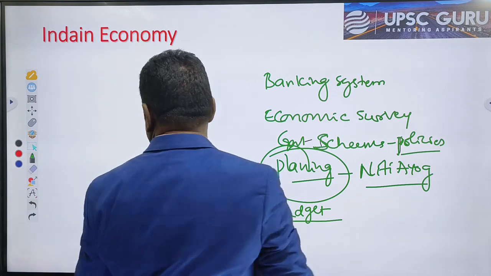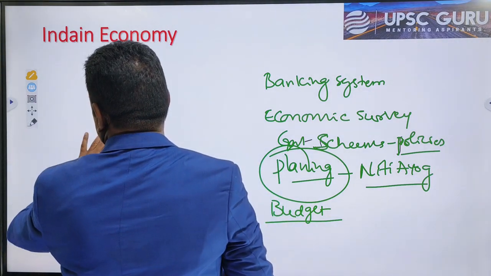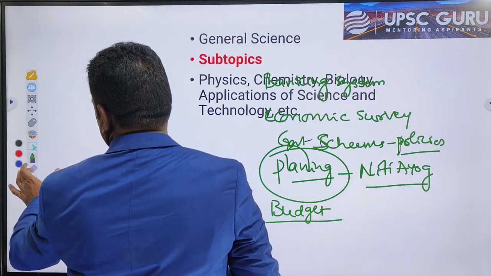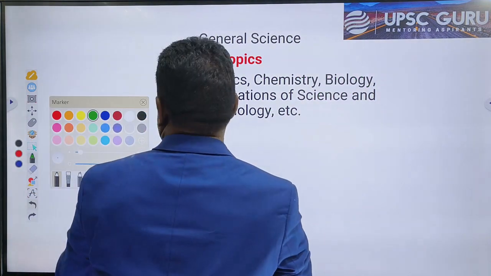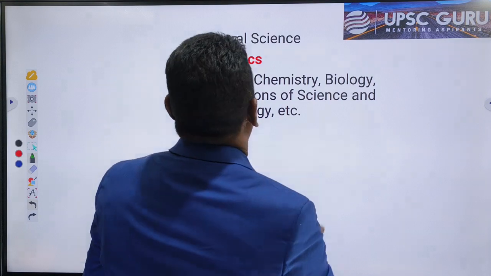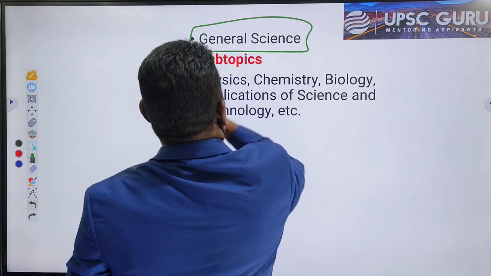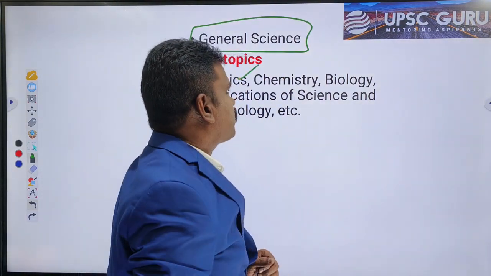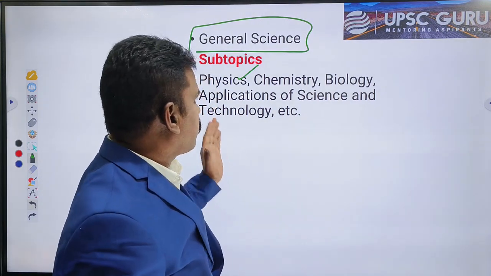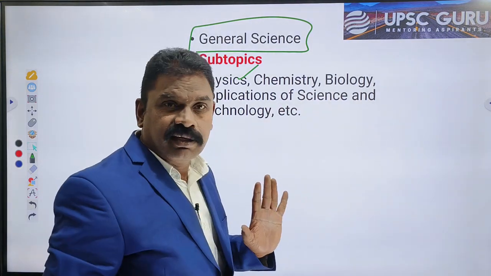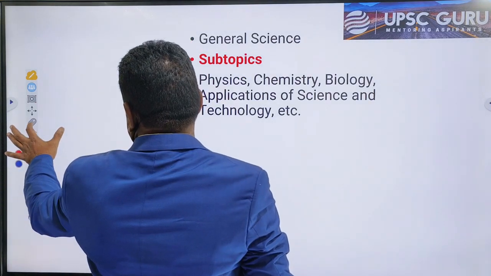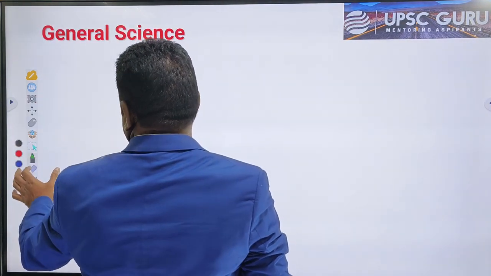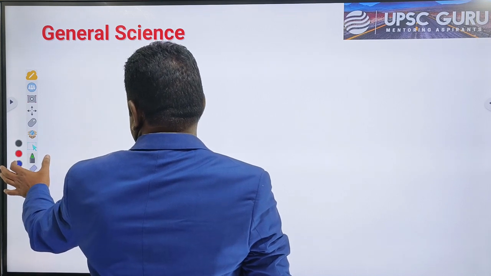After the Indian economy, the other topic in the civil services prelims syllabus is general science. In general science, the subtopics are physics, chemistry, biology, and applications of science and technology. These are the important topics of general science.